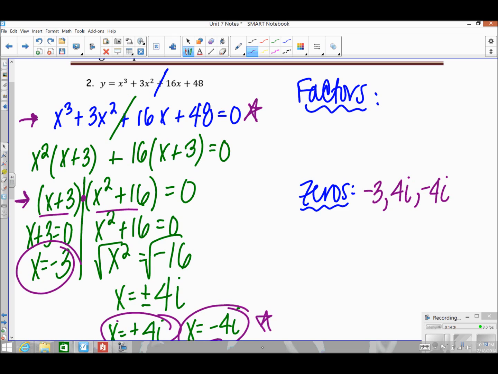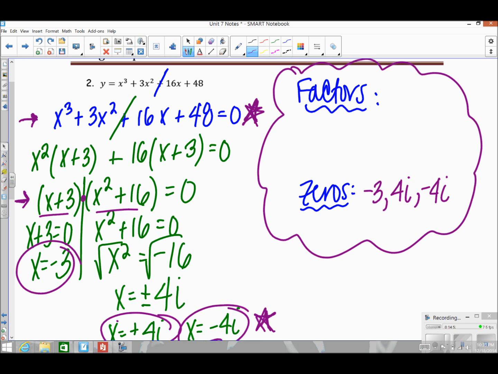So it's really important for you to understand the relationship between the zeros and the factors, because in order to go from this endpoint to this starting point, you're going to have to be able to take your zeros and rewrite them as factors so that you can multiply them together. So the factors here, if I look over on this side, are always going to be the opposite of the zero.